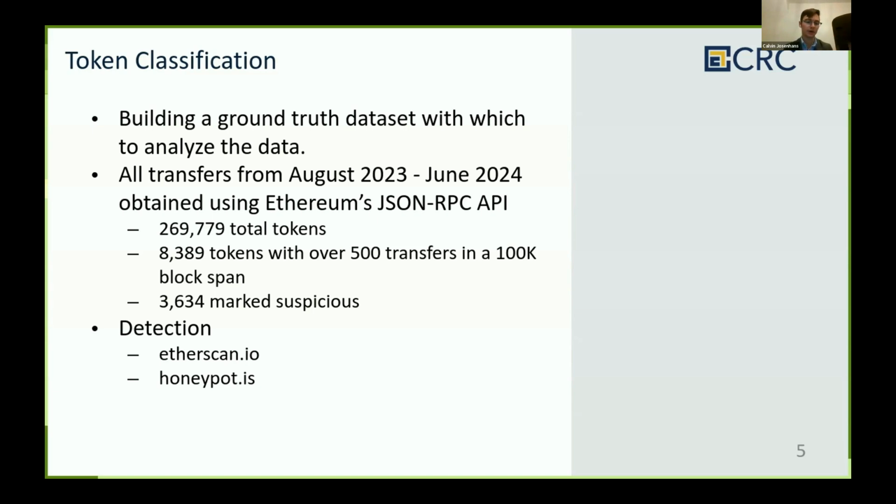And then the site honeypot.is, which looks more at token scams and their traits on decentralized exchanges like Uniswap, whether the token is something worthwhile investing in or whether it carries too much of a scam risk to be worth a user trying to invest in. So we considered if either of these services marked a token as a scam, we would mark it as suspicious in our data set.